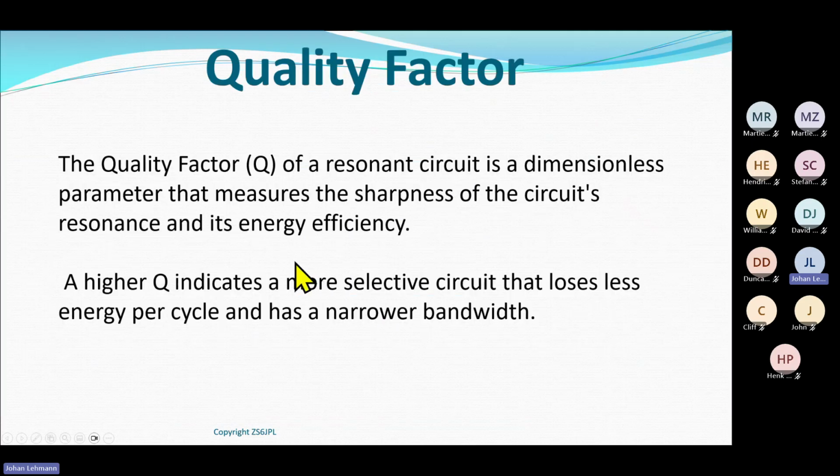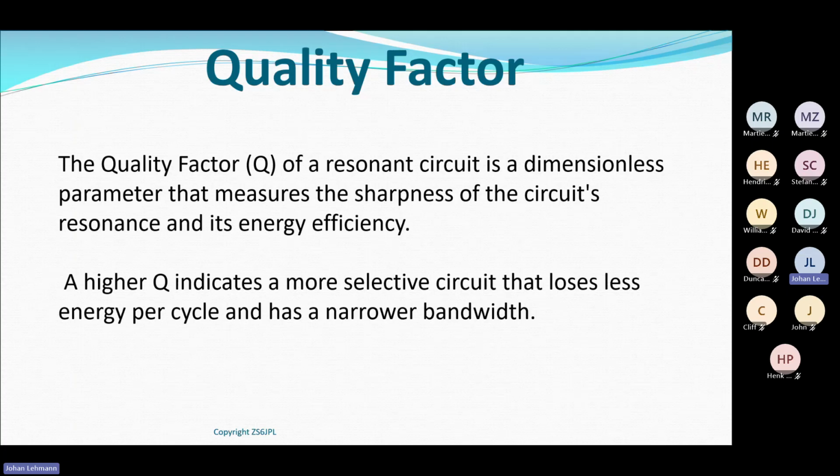The quality factor of a resonance circuit is a dimensionless parameter, so it's only a numerical value, that's all it is. That measures the sharpness of the circuit's resonance and its energy efficiency. So the higher the Q, the more selective the circuit, and the less energy is lost every time there's an exchange of energy between the capacitor and the inductor.